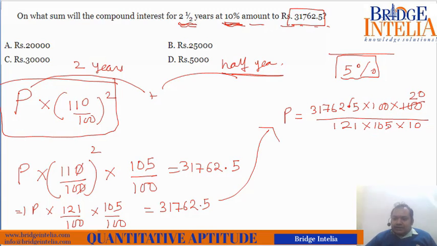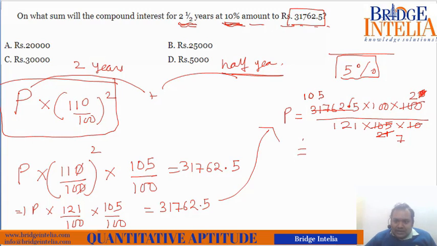So this is 20, this is 21, and then this 10 and 20 will get cancelled. So let's simplify this. Both these numbers are multiples of 3. So 3 sevens are 21.